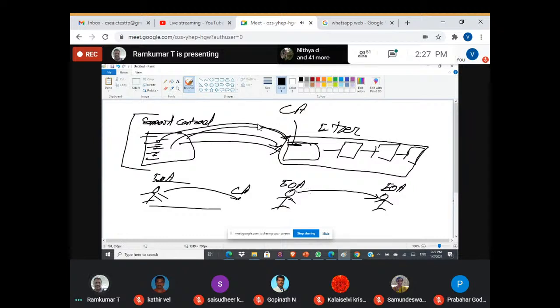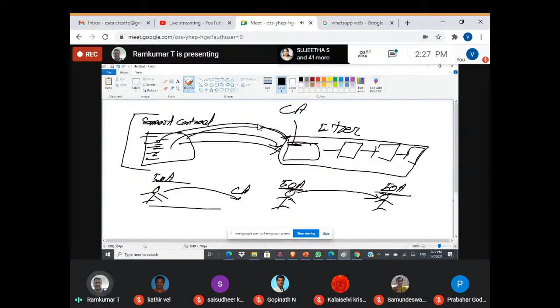It means EOA to EOA, sending some value from my account to your account. That is what we call EOA to EOA, externally owned account to externally owned account.